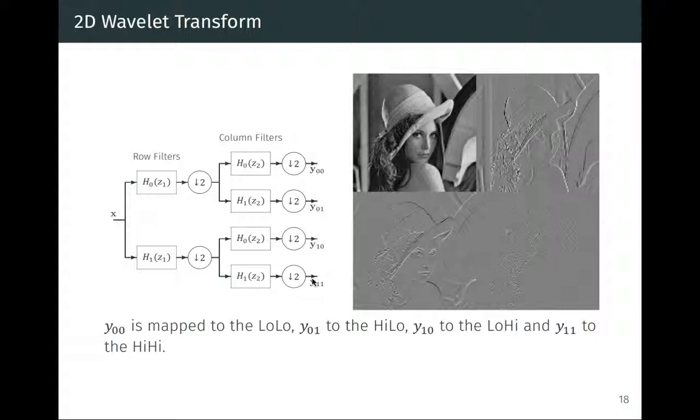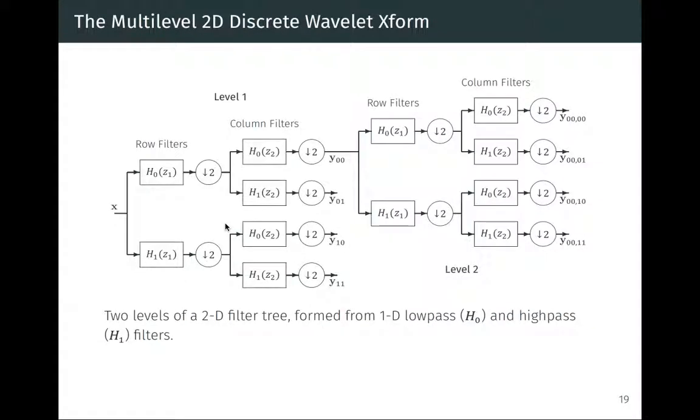Okay, and now you have 4 outputs. All right? Okay, so this is just rewriting what you've done already in these systems. If you have a multi-level 2D discrete transform, this is what it looks like. And now, it's a bit scary, but it's basically the same as what you've seen.